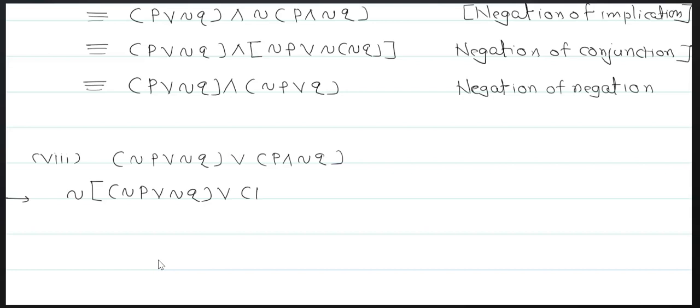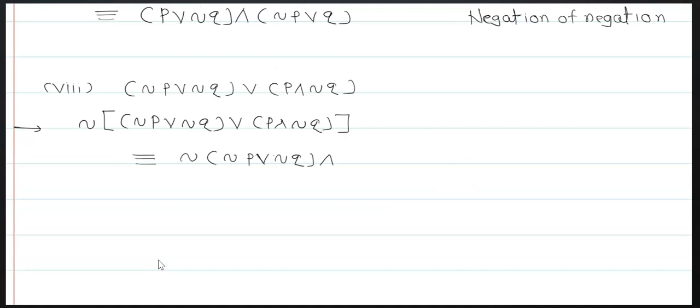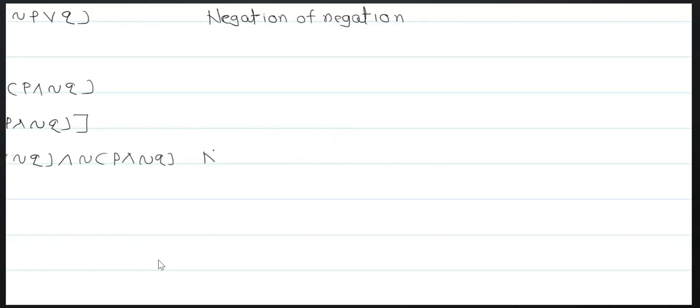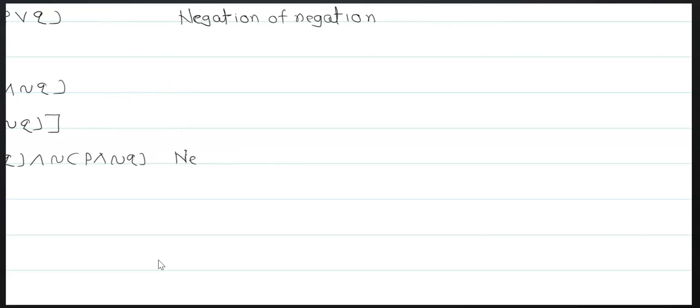That is negation of P or negation Q or P and negation Q. That is the negation of negation P or negation Q and negation of P and negation Q. Now we will apply the negation. This is the negation of disjunction.